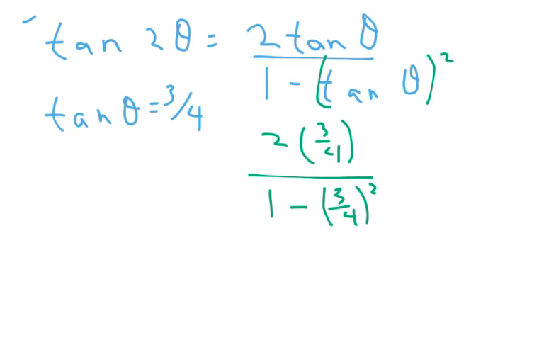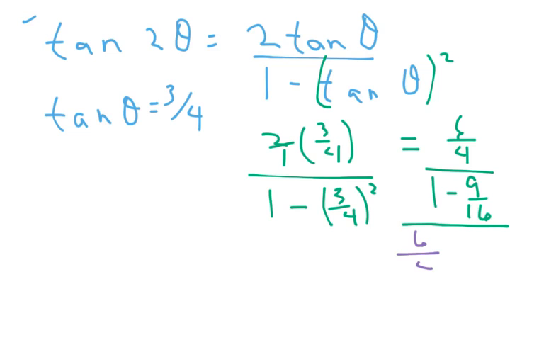Okay, now just clean it up. I'll put this in fraction form. So this is going to be 6/4 over 1 minus 9/16, which gives me 6/4 over... And what I do when I see something like this, I have to have the same denominator right away, and I usually do it at this step.